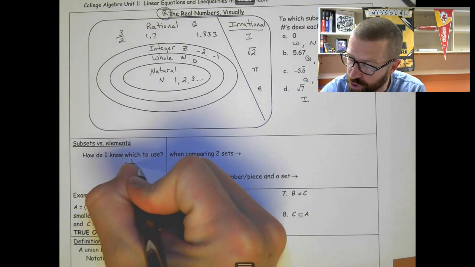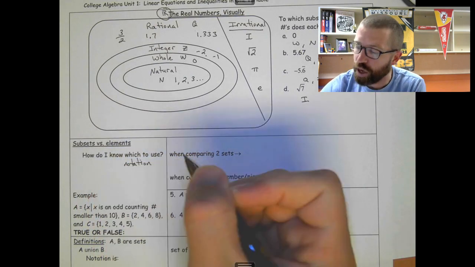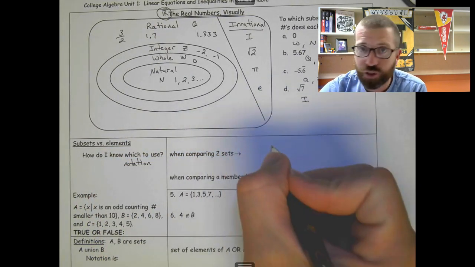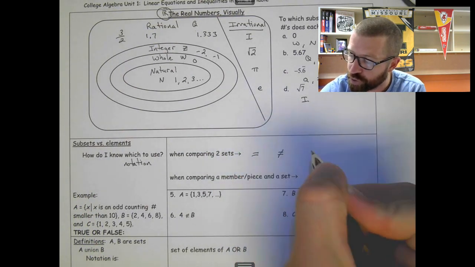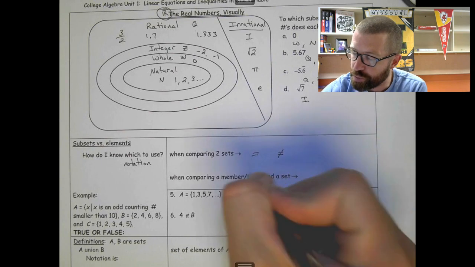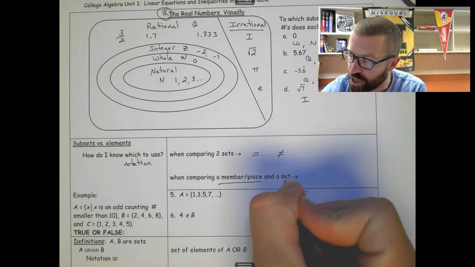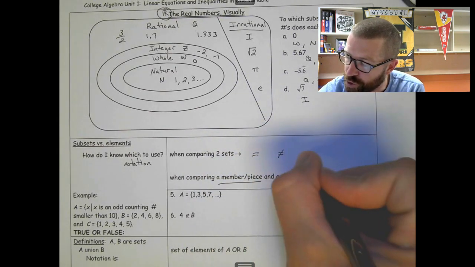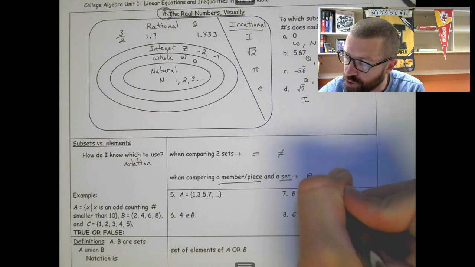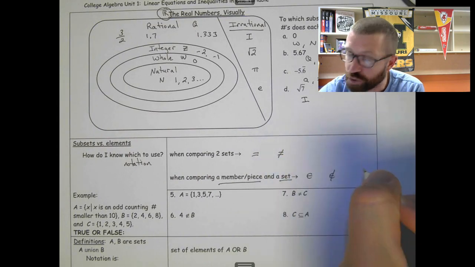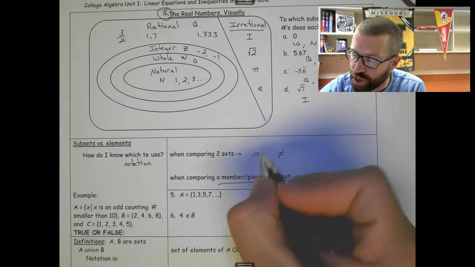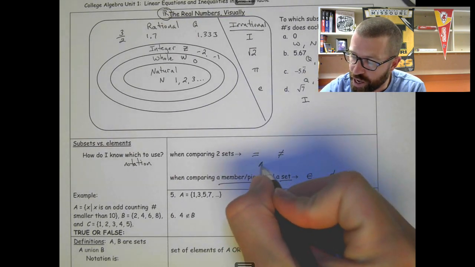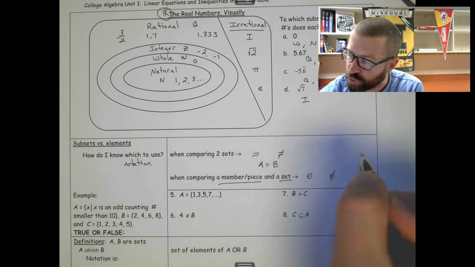So when comparing two sets, the notation you'll use is an equal sign or not equal to. And when comparing a member or an element and a set, you'll use the element of or not an element of. And so this is just to clear up notation. So we could say set A is equal to set B.